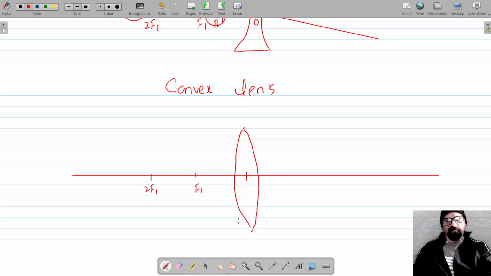Now we have to form, in this case, the virtual image. So that means the object is placed between the optical center and the principal focus. The ray of light that goes parallel to the principal axis passes through the focus. So it goes like this.